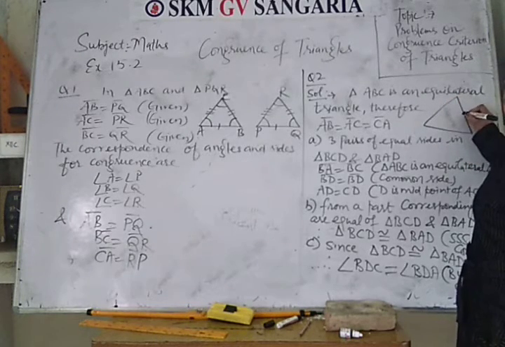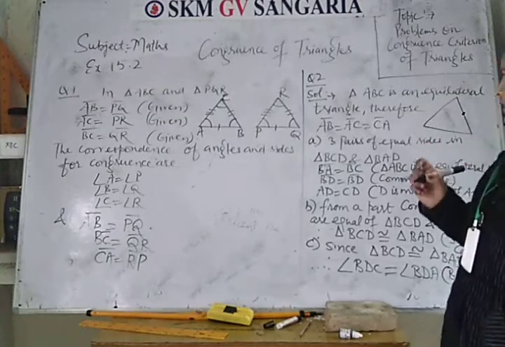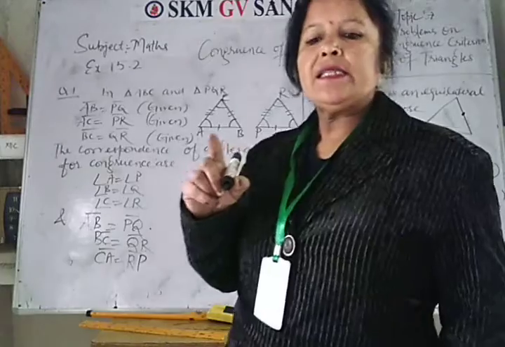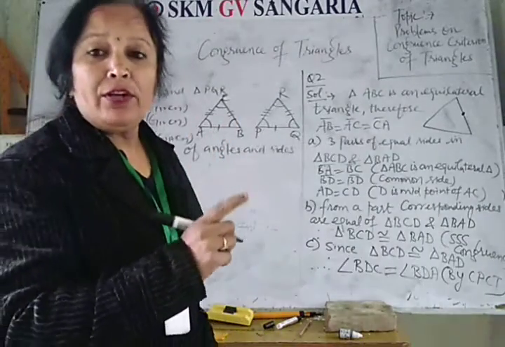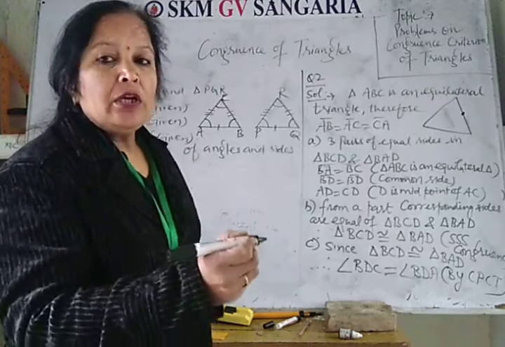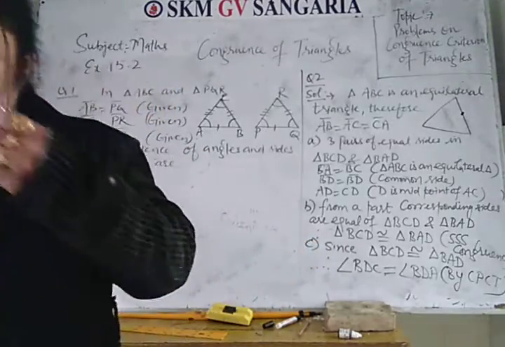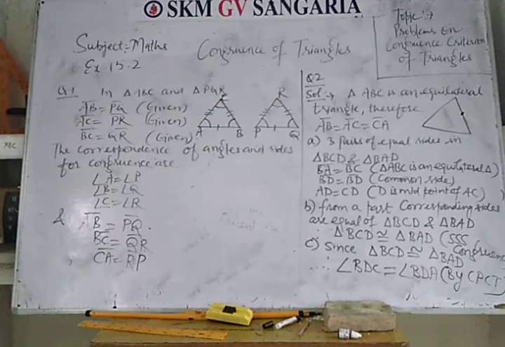You are given ABC is an equilateral triangle and therefore all the sides will be equal. AB will be equal to BC is equal to CA, in case of an equilateral triangle.